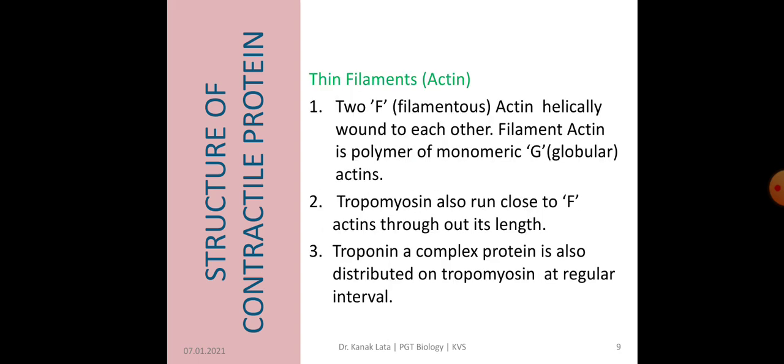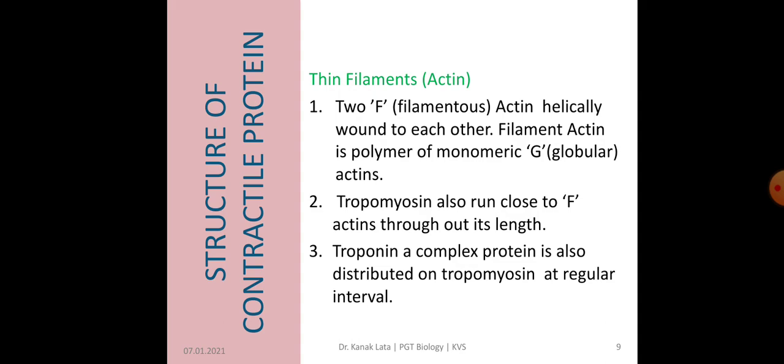There are two F filamentous actin helically wound around each other. Filament actin is a polymer of monomeric G-actins, that is globular actins. In thin filament, there is tropomyosin, which runs close to filamentous actins throughout its length.